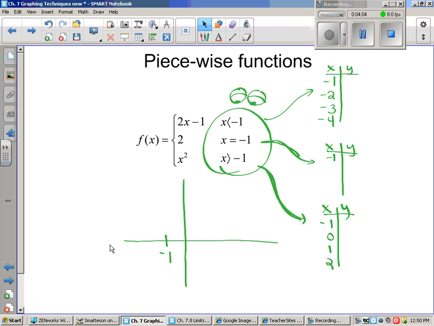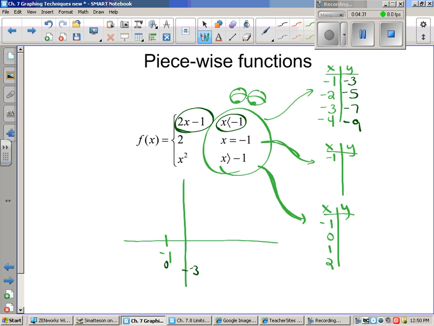Our first chart says for the x's that are less than -1, we're going to use this equation. And so I would plug -1 into that, giving me -3, -5, -7, and -9. And so as I draw this graph, one of the other things I need to pay attention to is it's not equal to, and so therefore it would be an open circle at -1, -3.